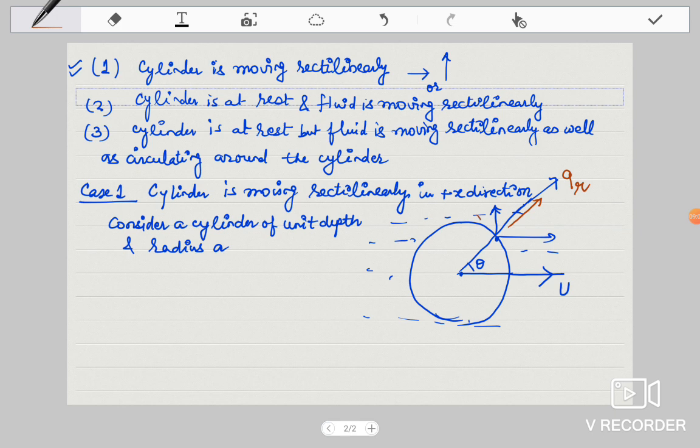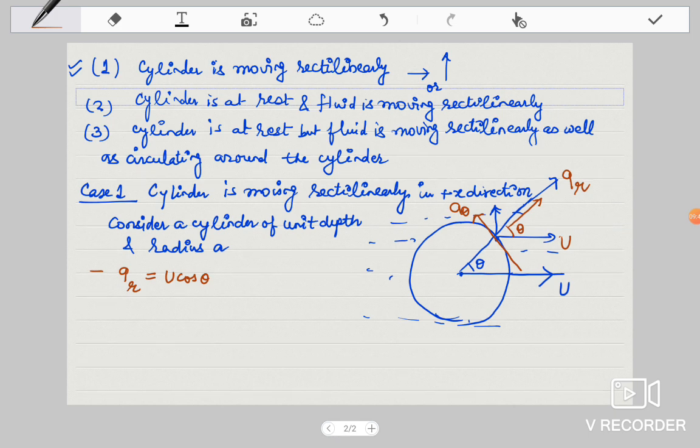And if I am taking along the tangent, this will be q_theta. So if I talk about q_r, this angle is also theta. What will be q_r? q_r is equal to, because you have one component of velocity u in the x direction, u cos theta.